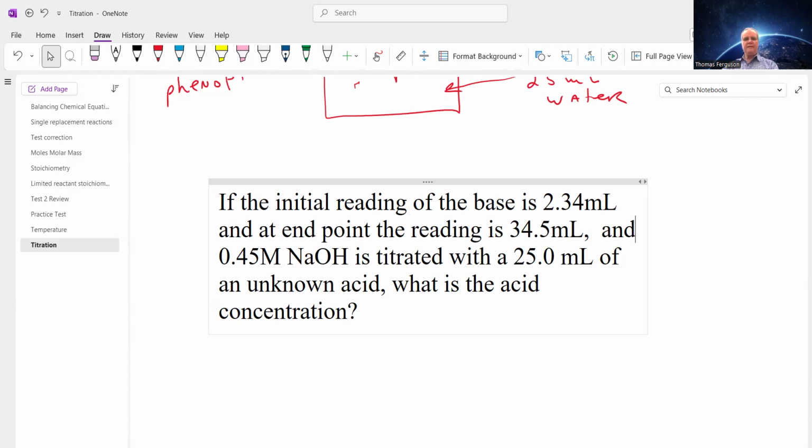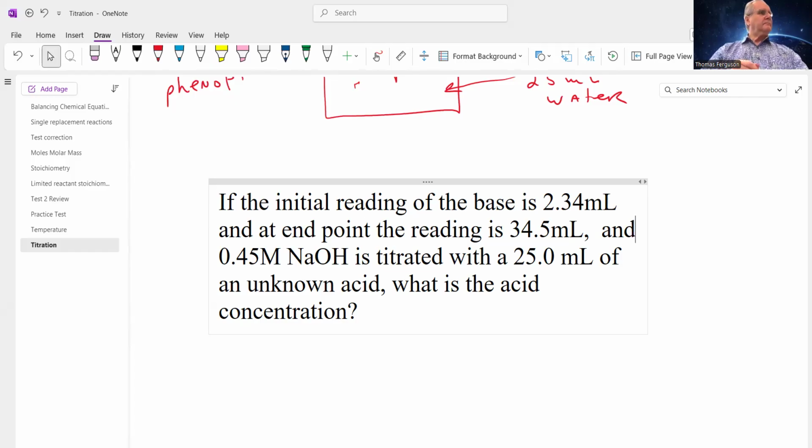Okay, that would be another way this problem would be worded. So you have an initial and final reading of the burette. When you see that, subtract. If the initial reading is 0 and the final reading is 34.5, you don't have to subtract. If it's not 0, subtract.